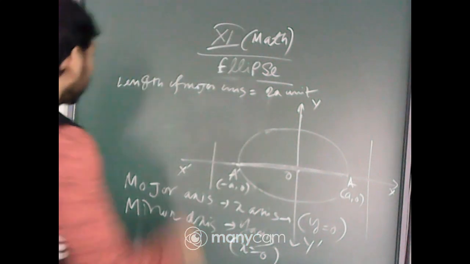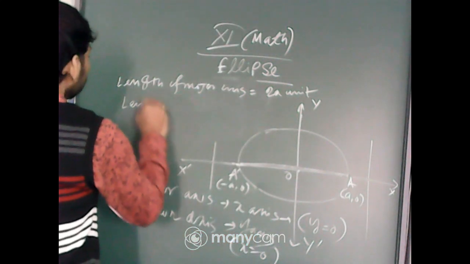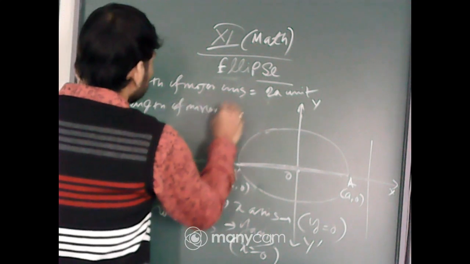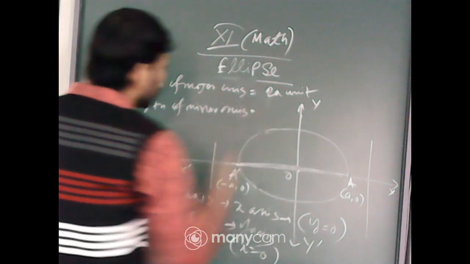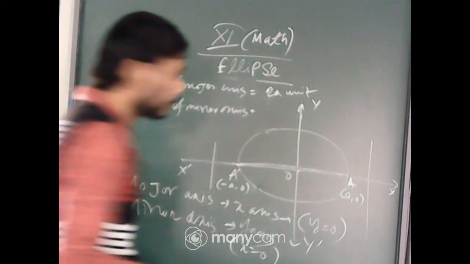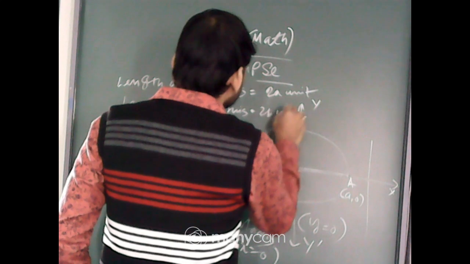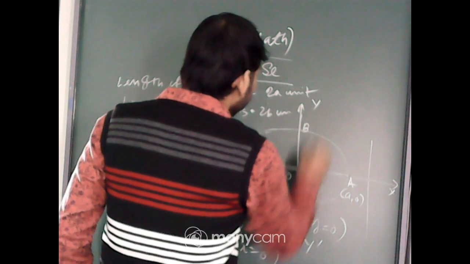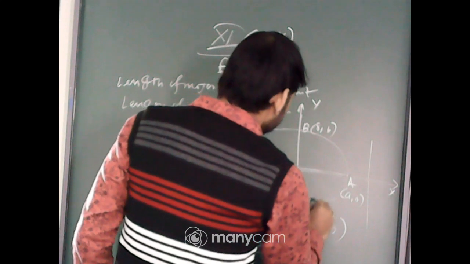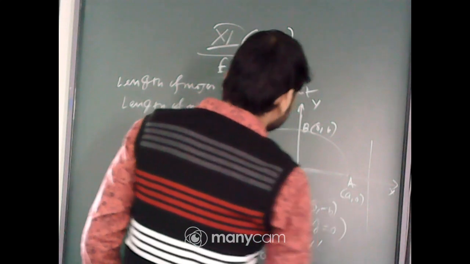Now length of the minor axis. This will be 2b unit. Here OB equals to 0 comma b and there is B dash, that is 0 comma minus b.